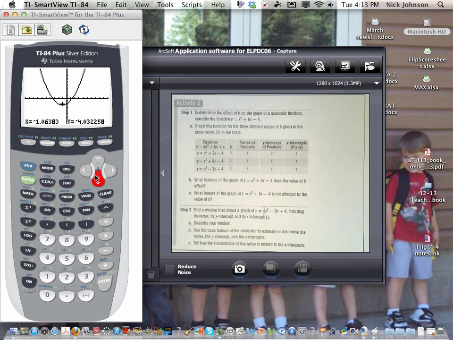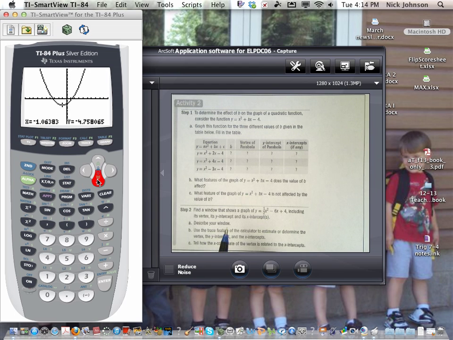Well, the vertex looks like it's going to be roughly (-1, -4). Okay? Because this is kind of rounding it for us, our c should tell us that it's at -4.